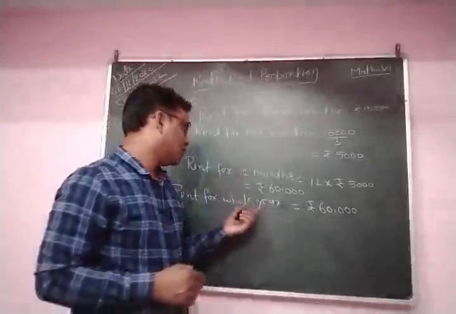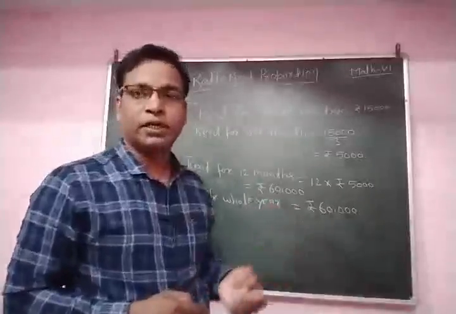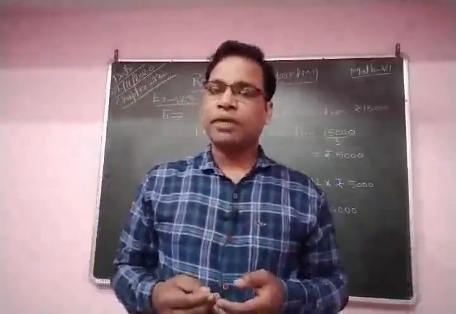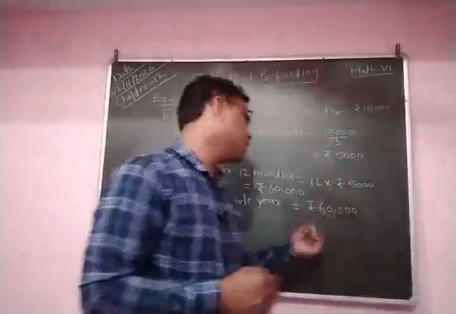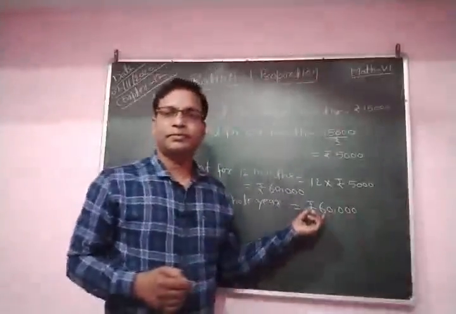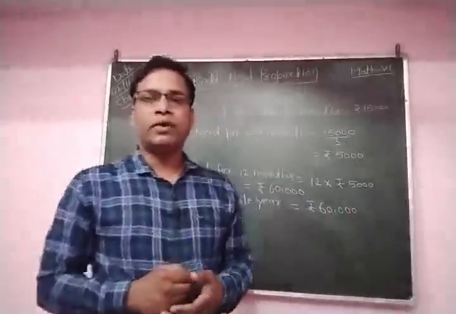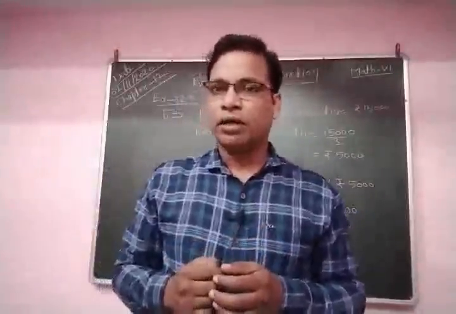Now, this is a rent for whole years. Clear? If you ask rent for 3 years, then you multiply 16,000 into 3, because 16,000 is the rent of 1 year or whole years. If you ask to find the rent of 15 months, then what do you do?